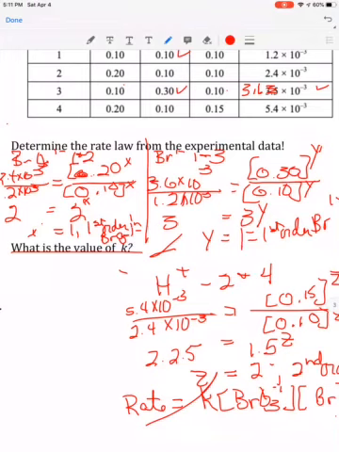I believe that the answer for this, if you substitute any line of data into this equation, you're going to get a k of 12 moles to the minus 3, that's a minus 3, s to the minus 1, and I believe you'll get liters to the positive 3. So moles to the minus 3, liters to the 3, and s to the minus 1. I think that's the units, but double check that. I'll even write that. Double check.